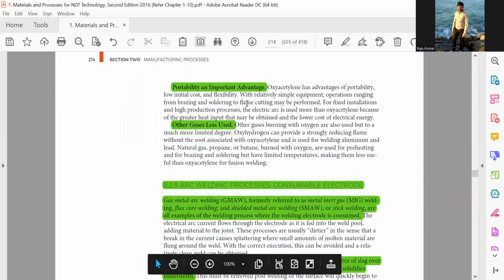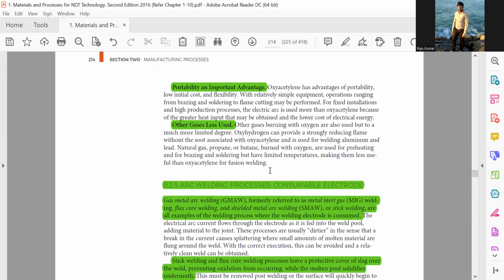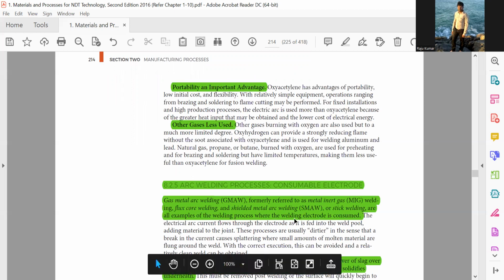Portability is an important advantage. Other gases are less used. Arc welding processes with consumable electrodes: gas metal arc welding, GMAW, formerly referred to as metal inert gas, MIG welding, flux core welding and shielded metal arc welding, SMAW, or stick welding are all examples of welding processes where the welding electrodes are consumed.